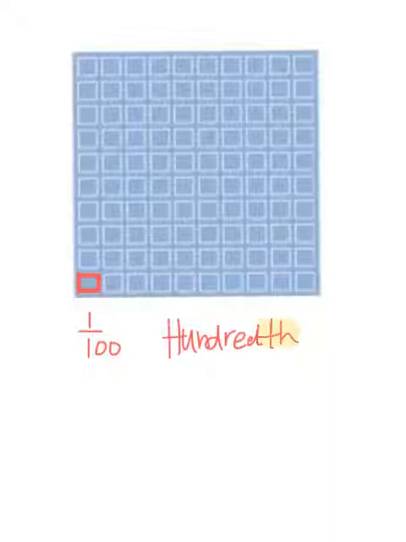So if I were to count all of these squares, it would be 1/100, 2/100, 3/100, 4/100, 5/100, 6/100, 7/100, 8/100, and on and on till we get to 100 100ths, and that would be our whole, right?